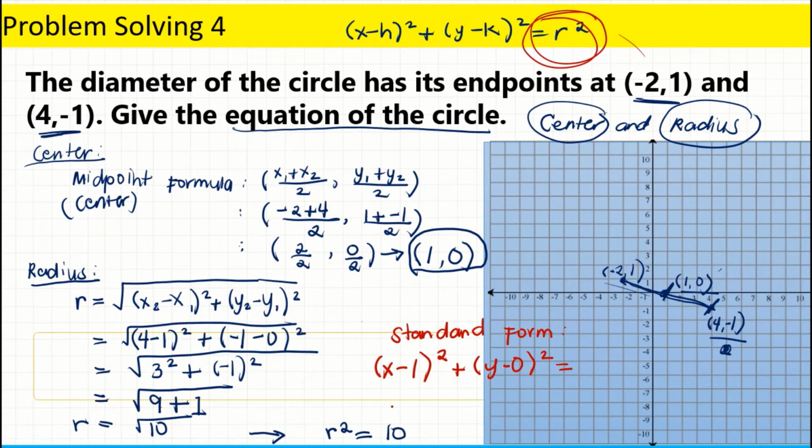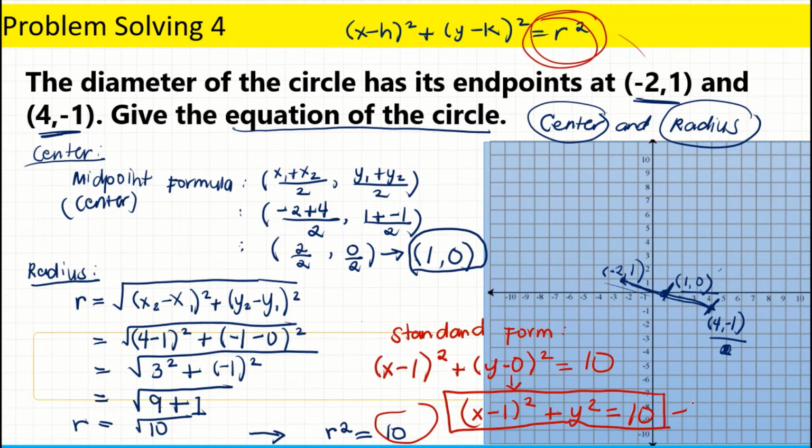Ang r squared natin ay 10. Simplifying this, we will have x minus 1 squared plus y minus 0 squared, that is y squared, is equal to 10. So this equation now is the final answer.